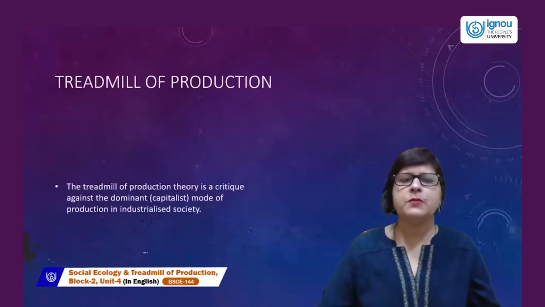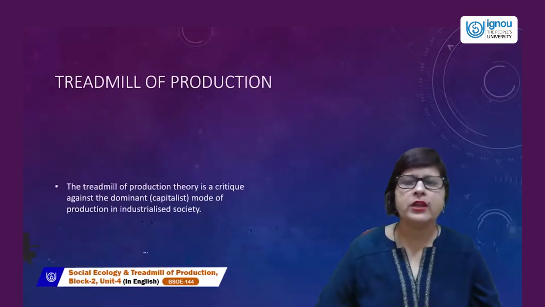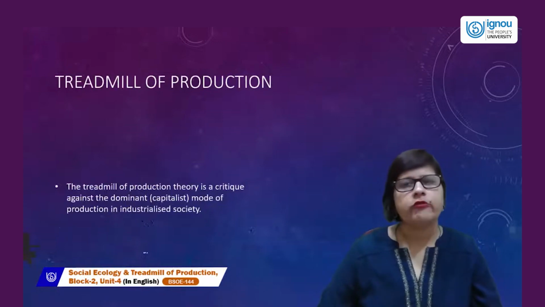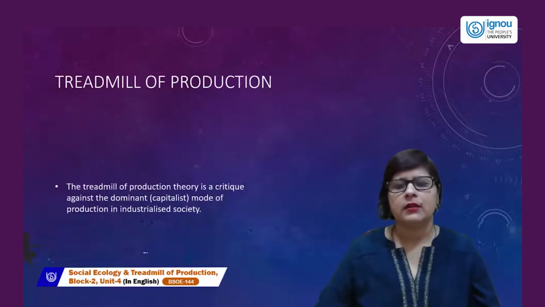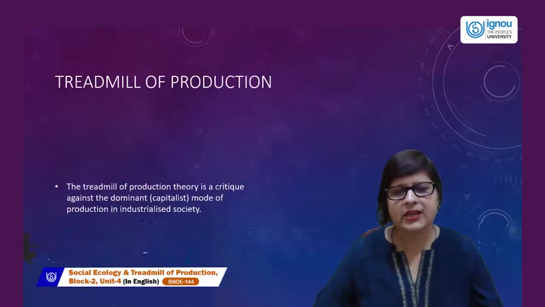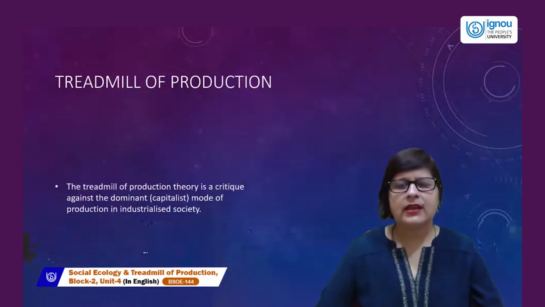Now, treadmill of production, again a very important concept. Treadmill of production theory is a critique of the dominant capitalist mode of production in industrialized society. This theory criticizes the capitalistic mode of production.